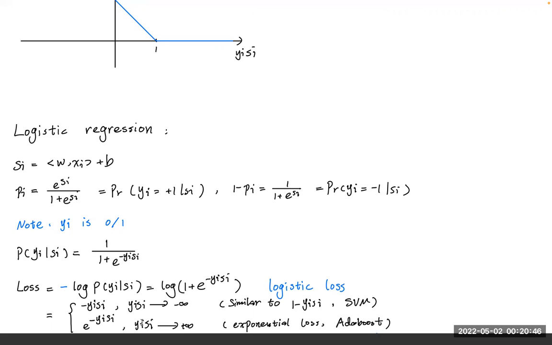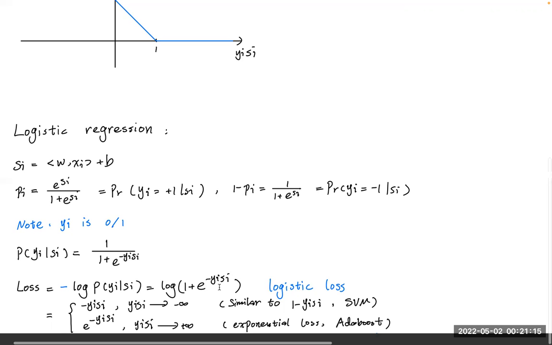And if y_i s_i goes to positive infinity, then this number goes to 0. And then log 1 plus a small number, according to the Taylor expansion around 1, will be just this small number. That is log 1 plus delta, where delta is a small number, equals delta. So this will be e of negative y_i s_i, we just copy here.